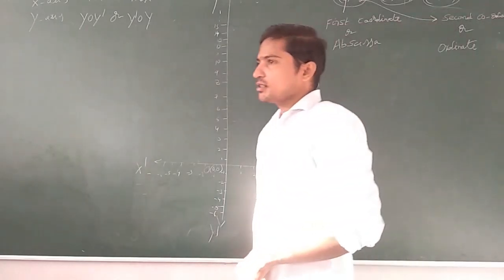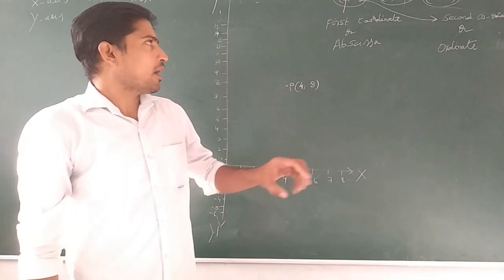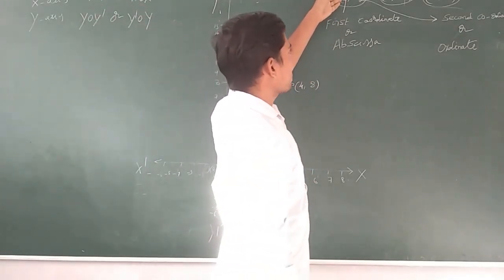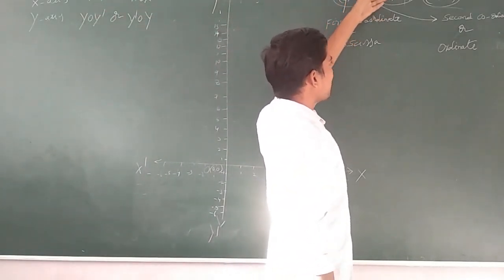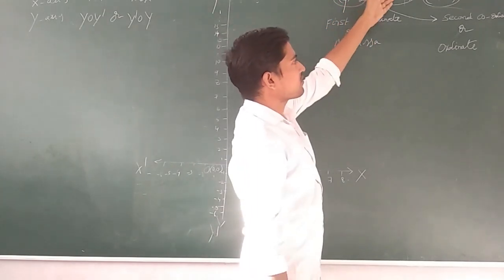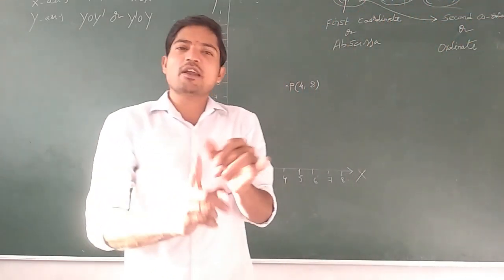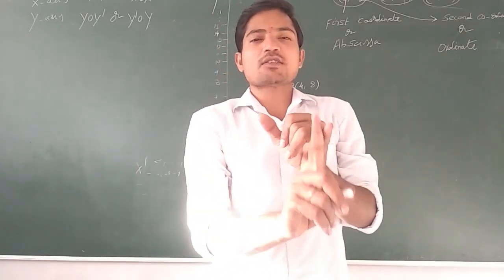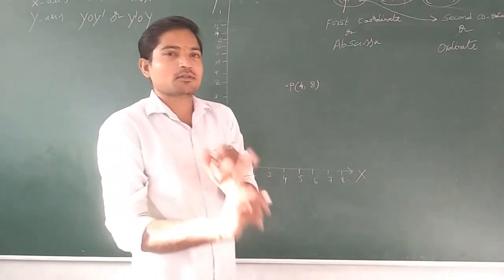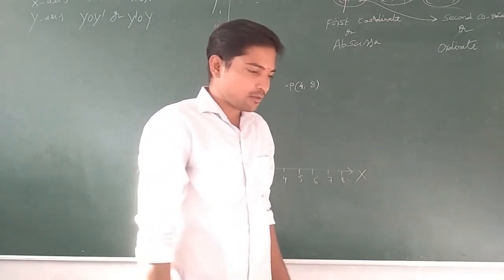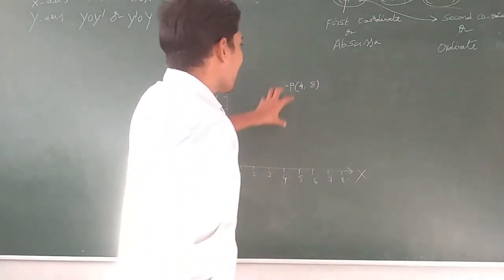The first element is called first coordinate or abscissa, and the second element is called second coordinate or ordinate. First coordinate, second coordinate, otherwise abscissa and ordinate, right? So the names are given here.